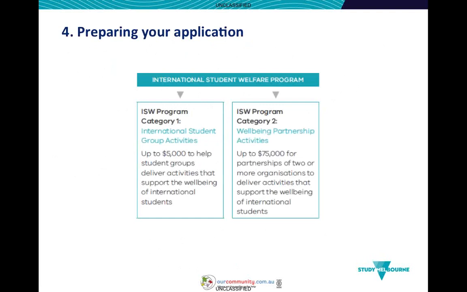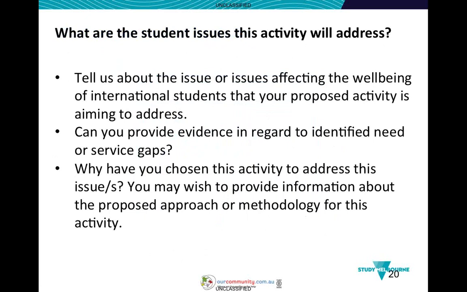So the first one we're going to be looking at is what are the student issues the activity will address. And this, of course, is where you need to talk about the issue that's affecting the wellbeing of international students that you're wanting to address. And that activity plan, that was the very first column that we talked about. You need to also be able to provide evidence regarding that identified need, and in particular, evidence of a gap in a service.